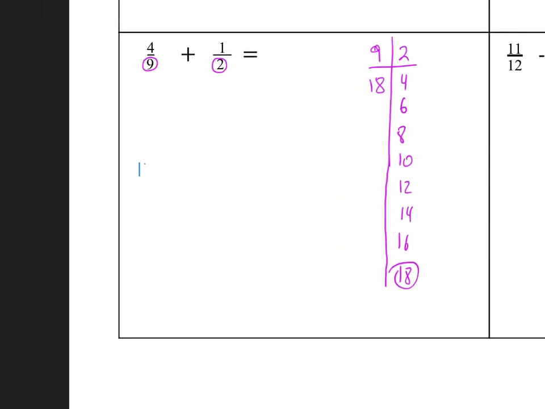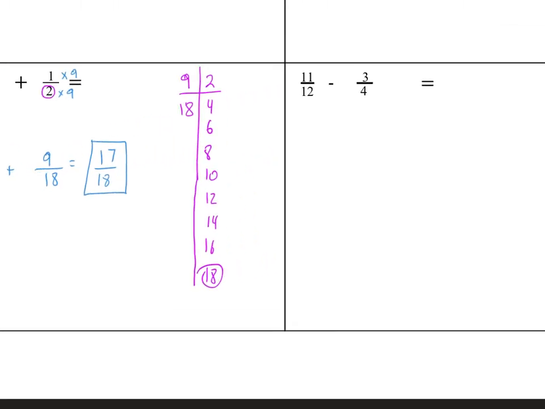So I'm going to write 18. 9 times 2 is 18, so I need to do 4 times 2. It's 8. Again, I'm going to do the same over here. 2 times 9 is 18, so 1 times 9 is 9. I'm going to add those together now, and I get 17/18. I can't simplify this any further, so I can stop there.